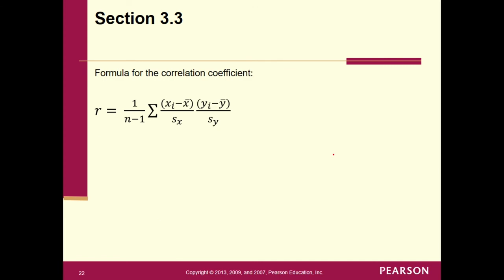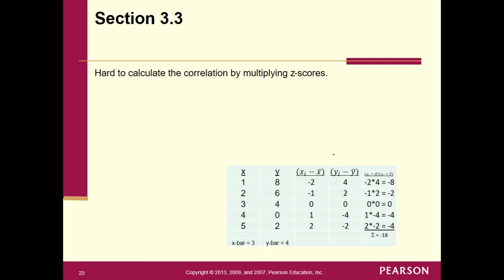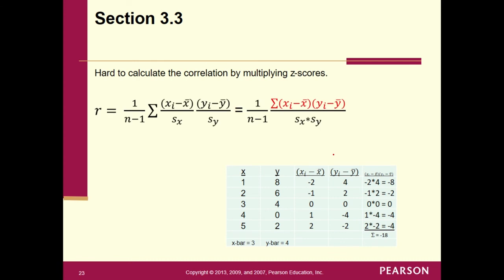So back to the formula. Here's the thing, it's kind of a pain to calculate the correlation by multiplying a bunch of z-scores. It really is, okay? And so I prefer not to do that if we had to do this by hand. And so what I want to do here is a little bit of algebra, okay? Now, you got to be careful in other formulas.